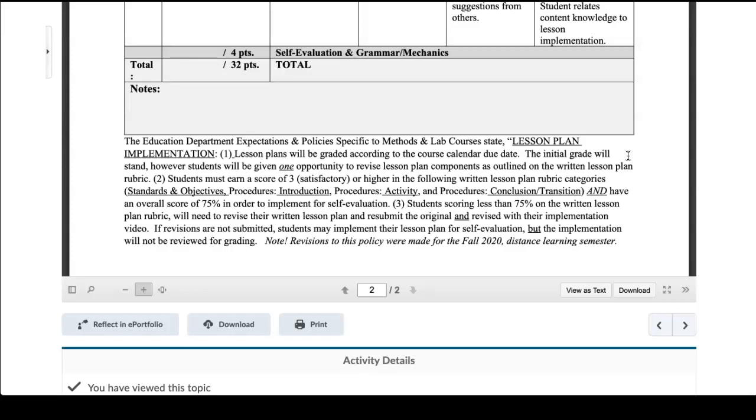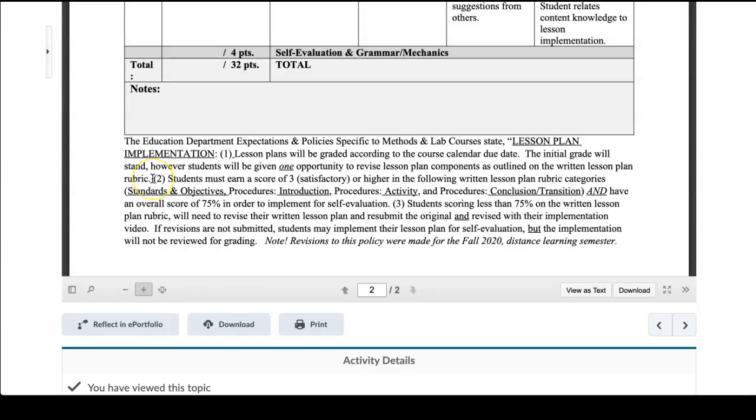However, students will be given one opportunity to revise lesson plan components as outlined on the written lesson plan rubric. So you are going to submit your written lesson plan. It will be evaluated according to this rubric, and that grade will stand. But you will have an opportunity to revise if necessary or by choice.